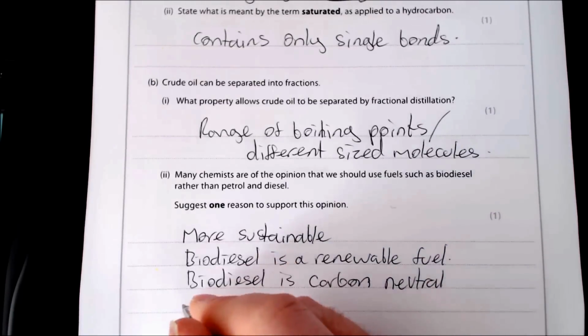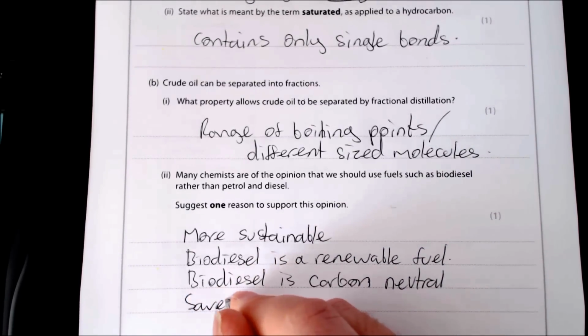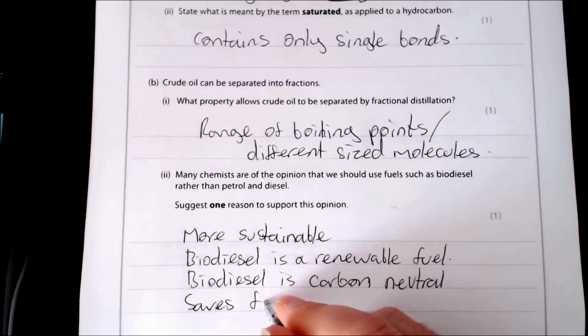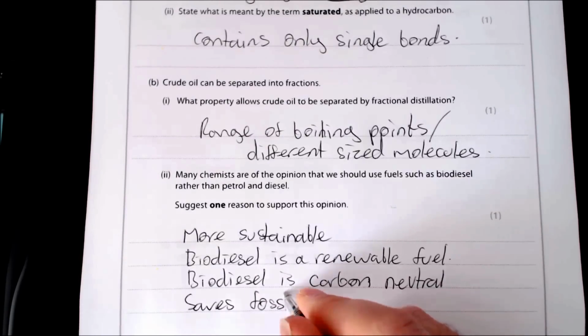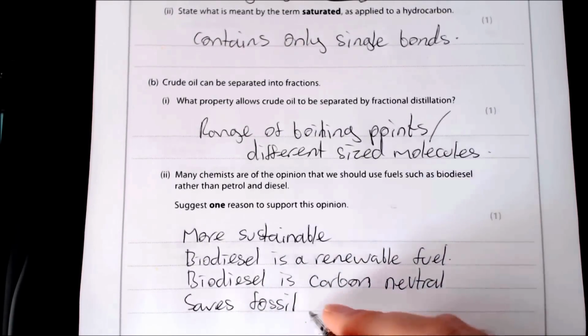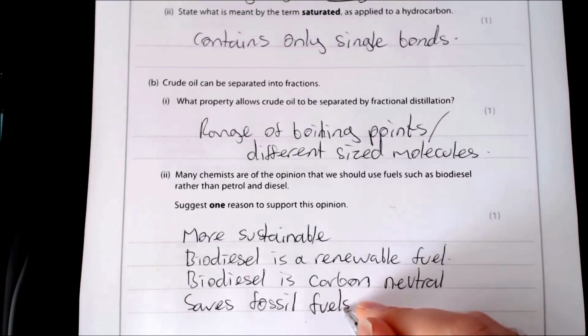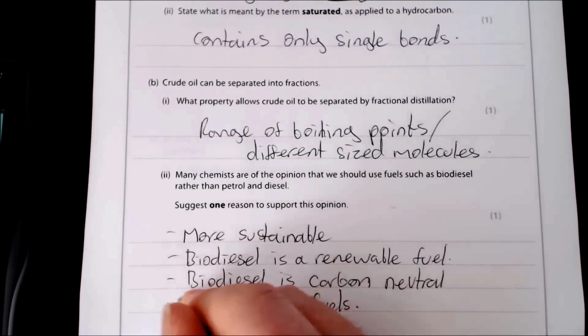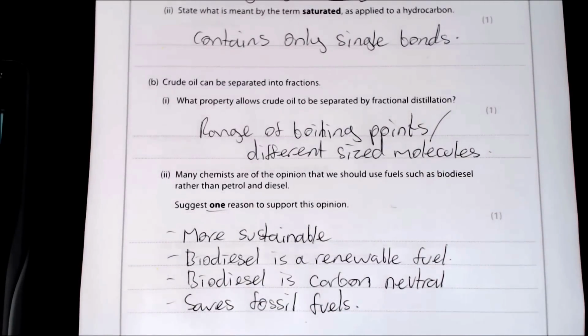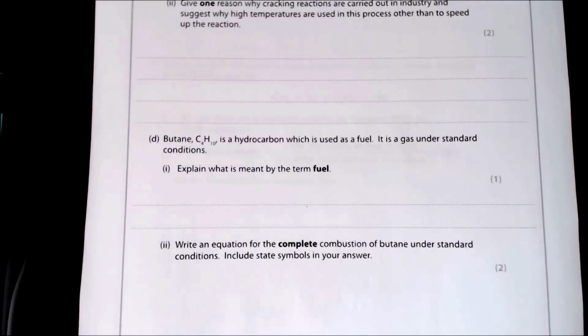Or you could say saves fossil fuels, or you could say saves finite resources or anything like that. So anything like that really will get the mark. I put 4 there, but you only need 1, so that gets you the 1 mark there. So not too bad. Okay.